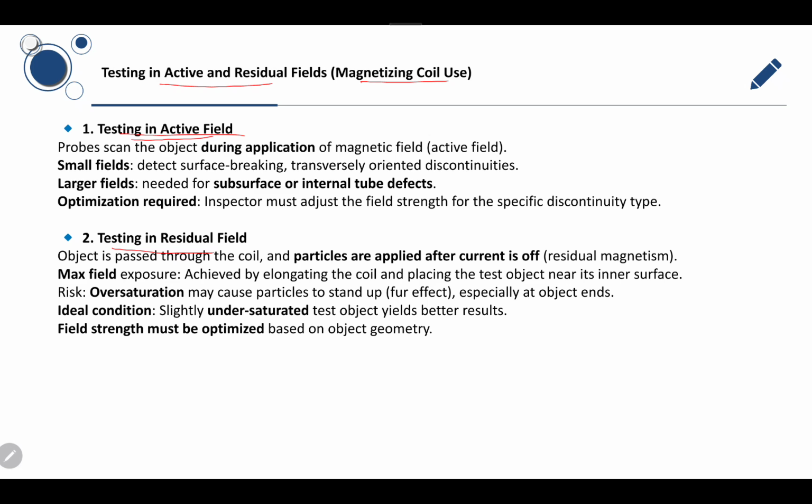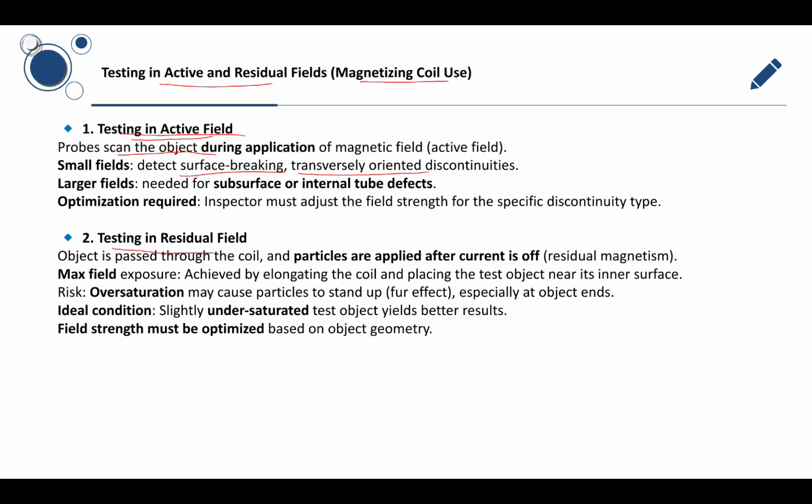In this method, the inspector scans the object during the application of the magnetic field. The current is still flowing, so small fields are generally sufficient to detect surface breaking or transversely oriented discontinuities. These are often the easiest to find.